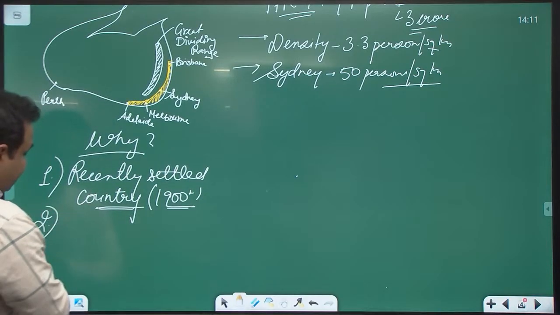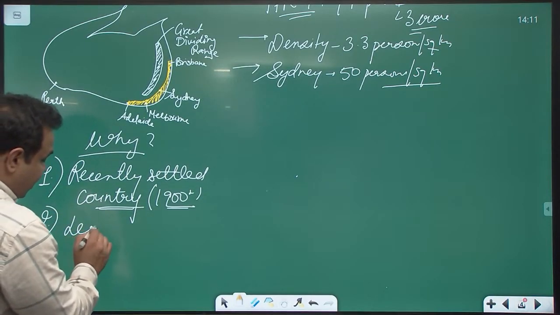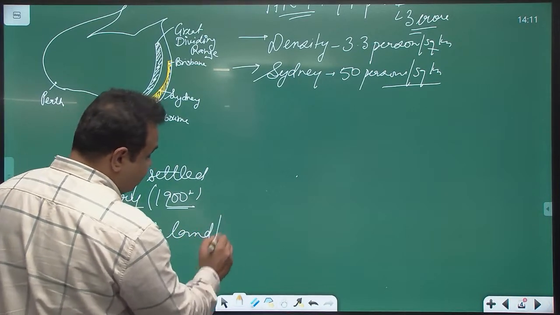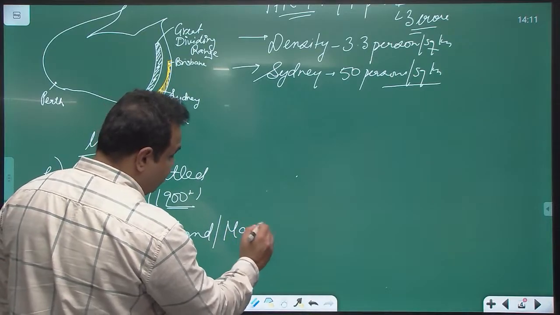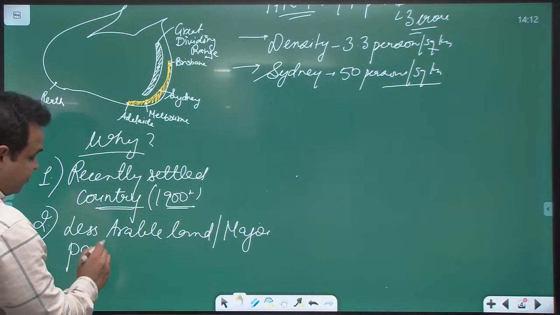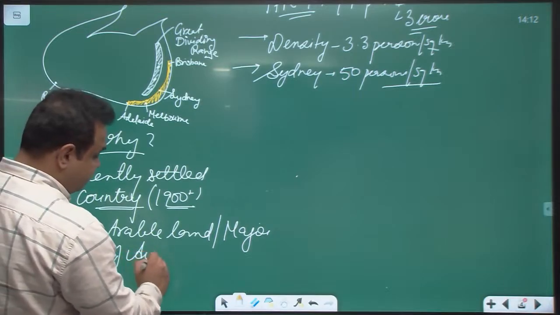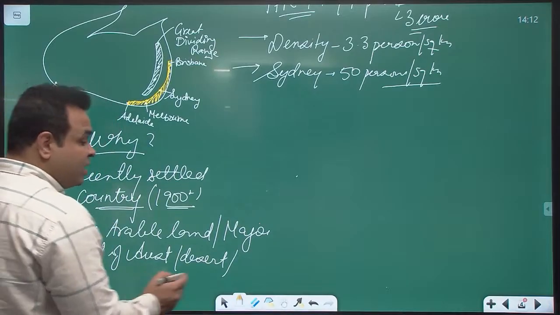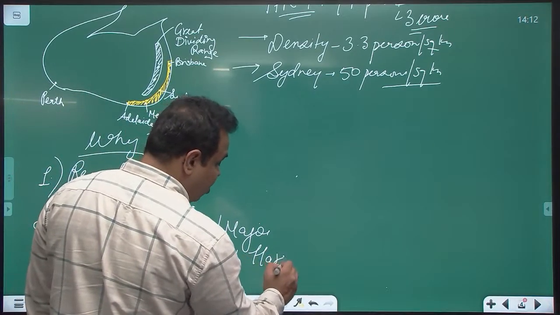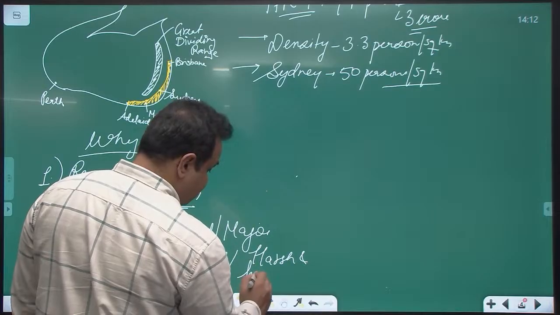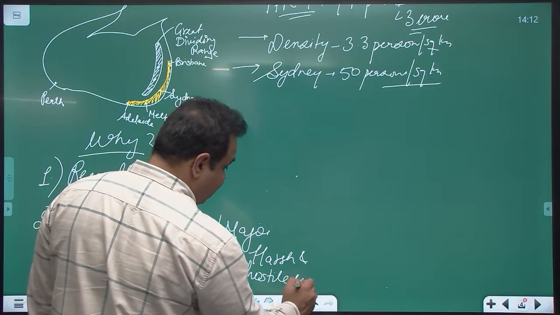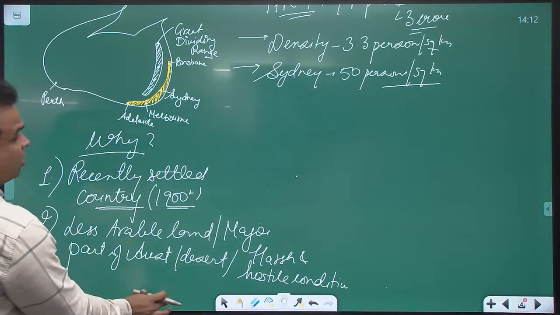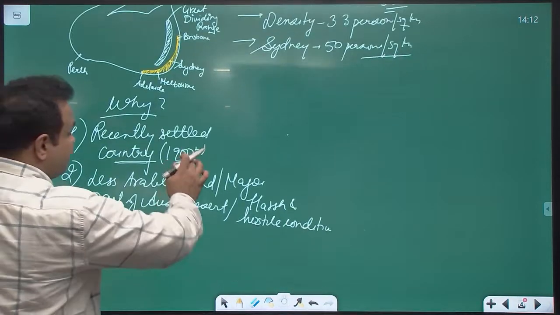ठीक है. Second is less arable land, as the major part of Australia is a desert, or I can say the conditions are harsh and hostile, और terrain तो नहीं है, hostile conditions है. ठीक है.